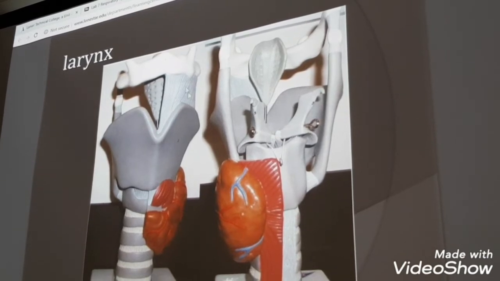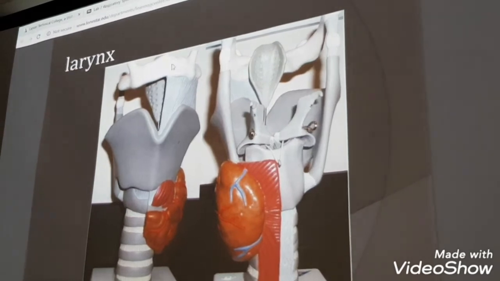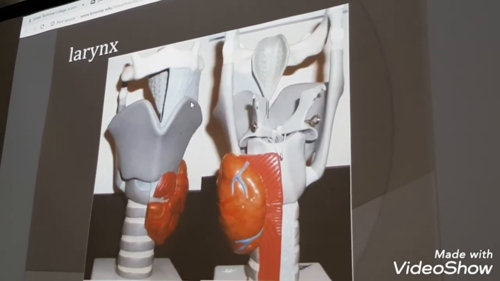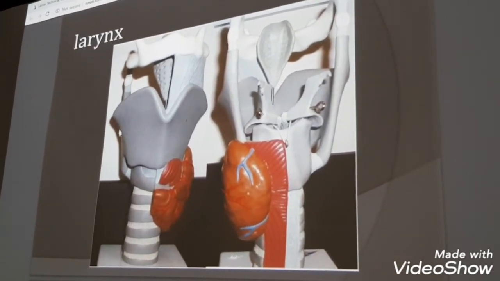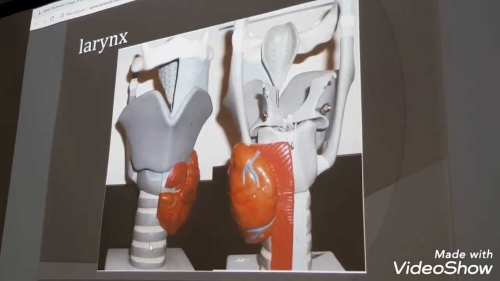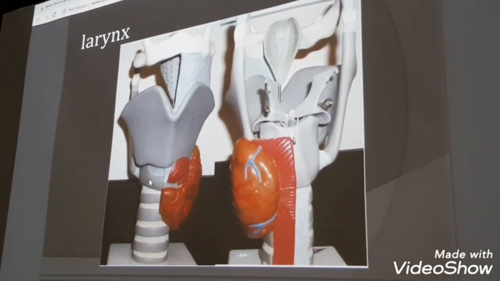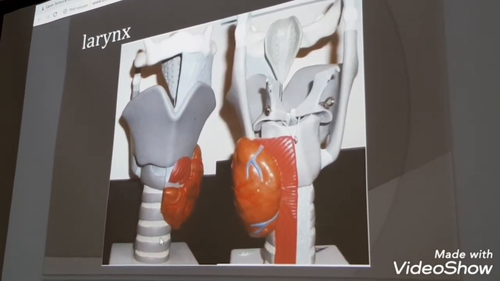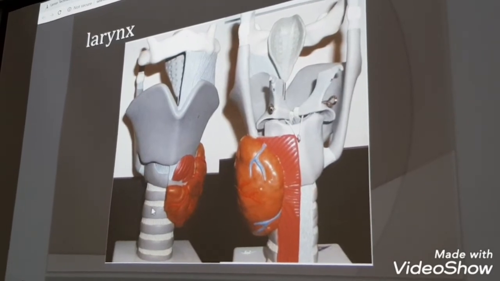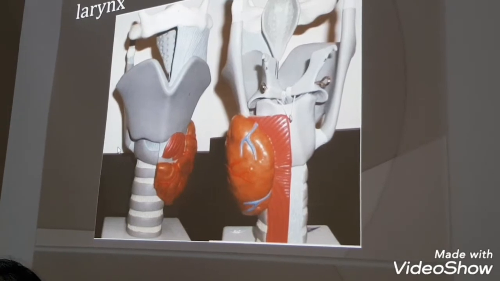Inferior to that, we have the larynx. Just to give you an idea of what this model is, this is the hyoid bone. This is the thyroid cartilage. And inferior to that is the trachea. The trachea is really neat because it is all C-shaped rings, because directly posterior to the trachea we have the esophagus.